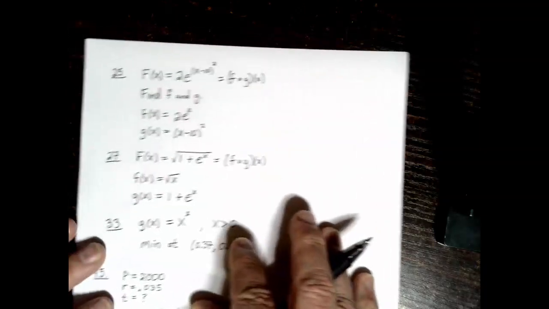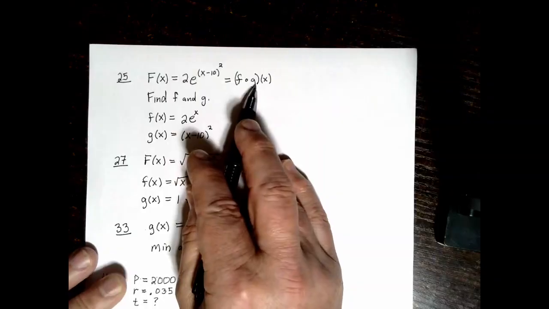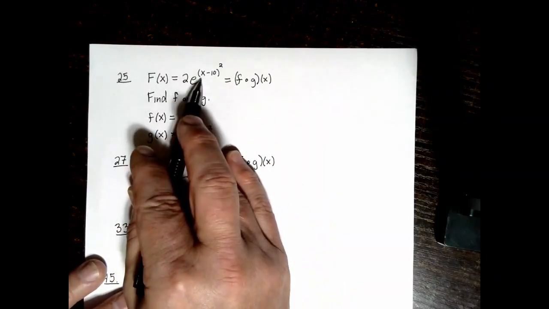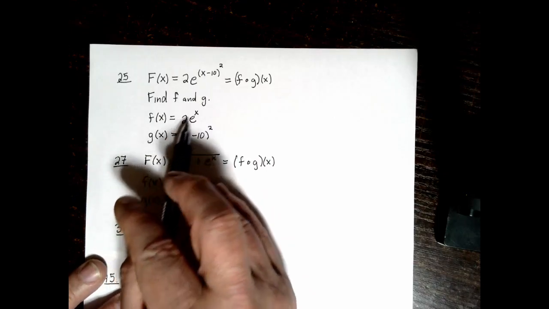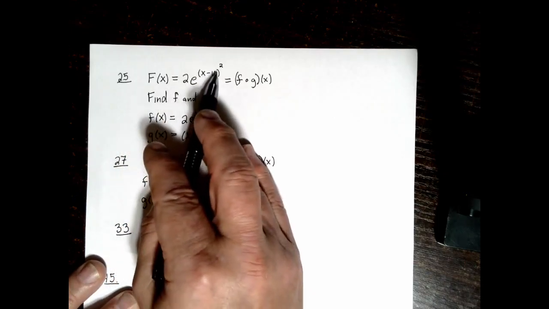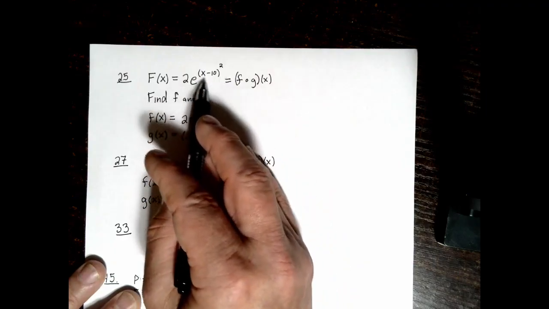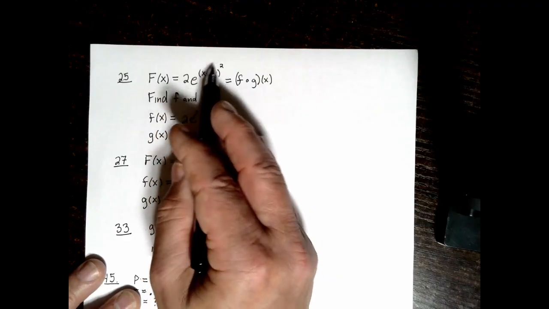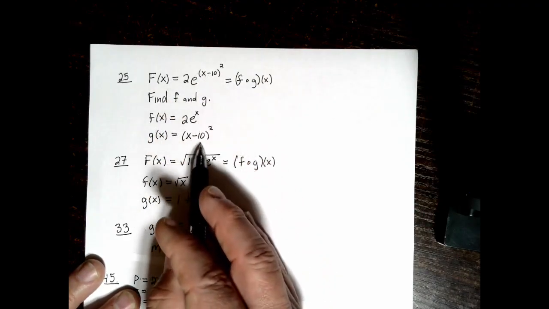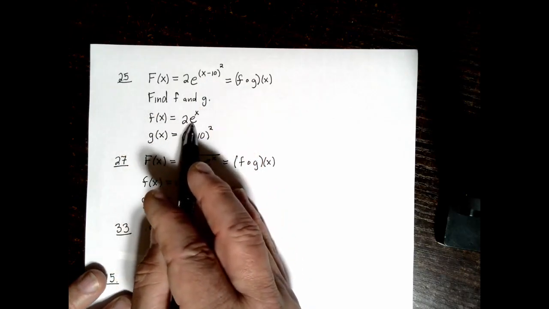Now these two ask you to figure out what f and g are for the composite function, and they give you the answer, the composite function, and they ask you to come up with what f and g are. So if you look at the original question, and you look inside it for a portion of it that you can name to be g, let g equal this exponent, x minus 10 squared, and then you replace that with an x, and that becomes your f.